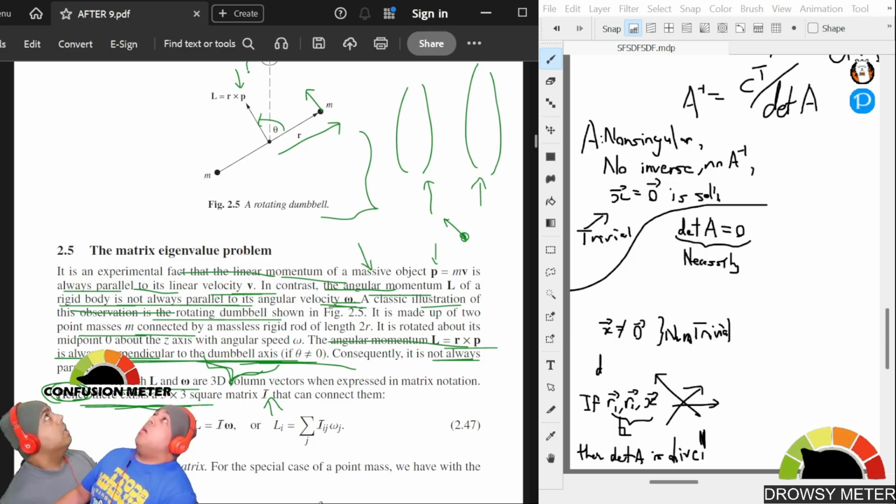Whether a matrix M exists to convert A into B depends on the dimensions of A and B, whether A is invertible, whether A and B are related by linear transformation. If A is square and invertible, then yes, M equals B A to the minus 1.